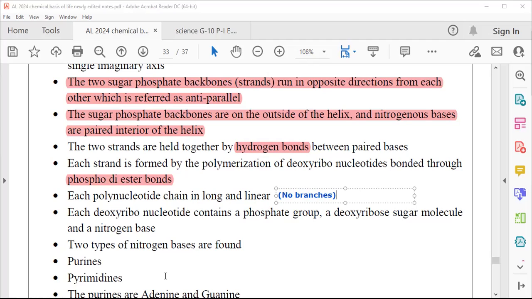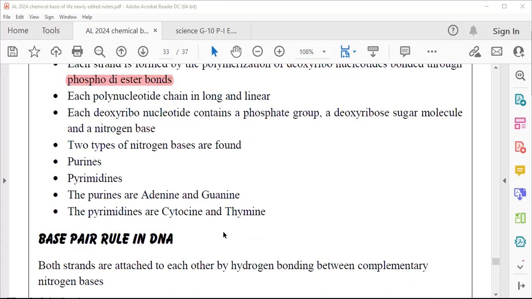Okay. Each nucleotide contains a phosphate group, a deoxyribose sugar molecule, and a nitrogen base. Two types of nitrogen bases are there. What are the two types of nitrogen bases? Purines and pyrimidines.